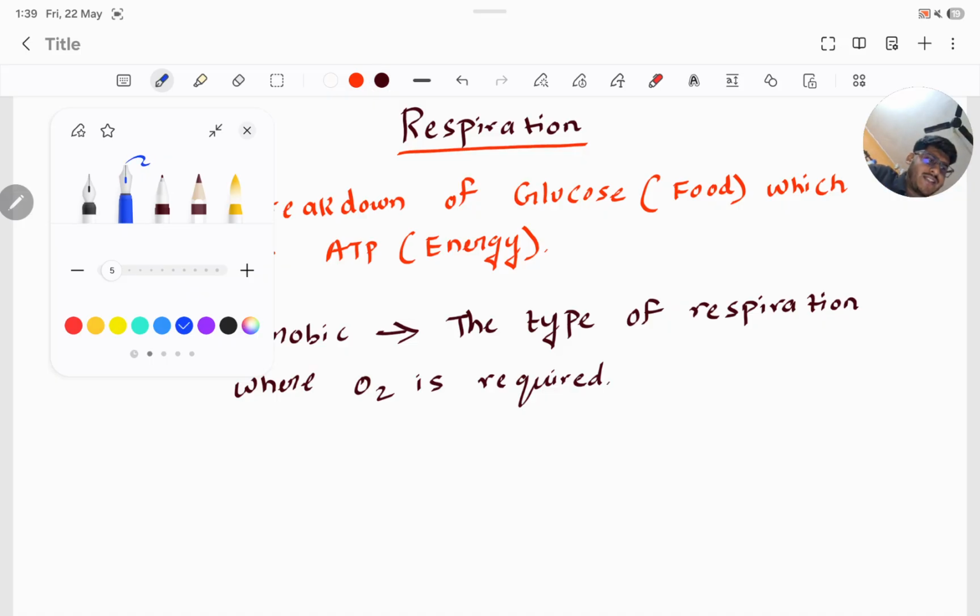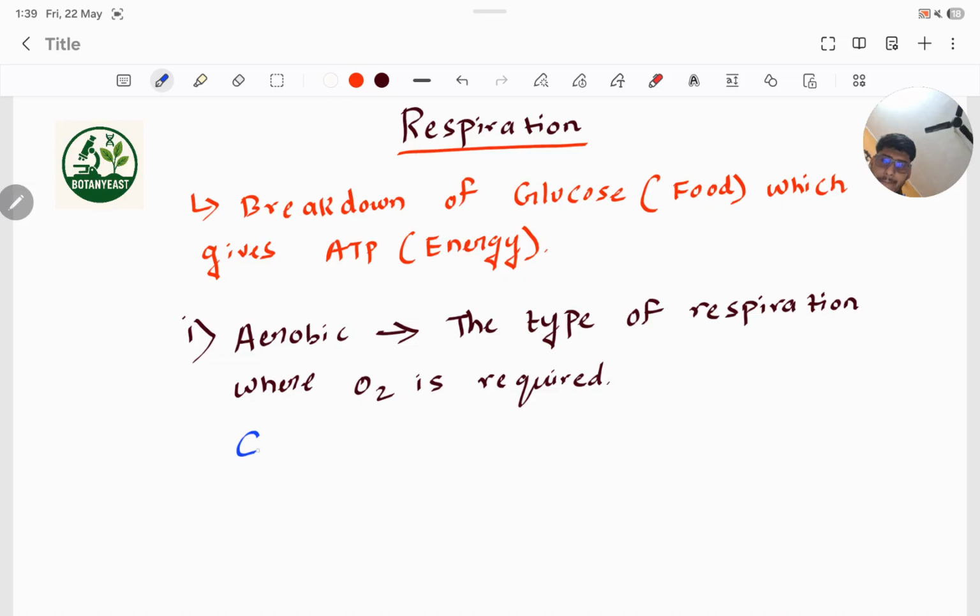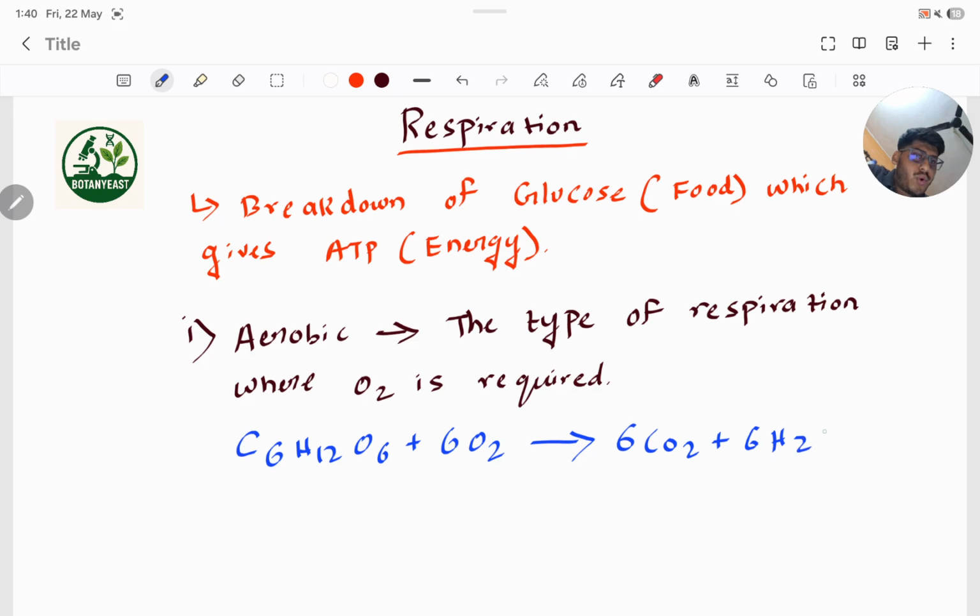Can anyone guess? I know every one of you knows. The reaction is C6H12O6 plus 6O2, which produces what? 6CO2 plus 6H2O plus energy, that is nothing but ATP.